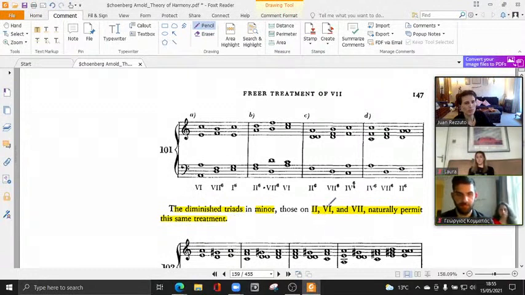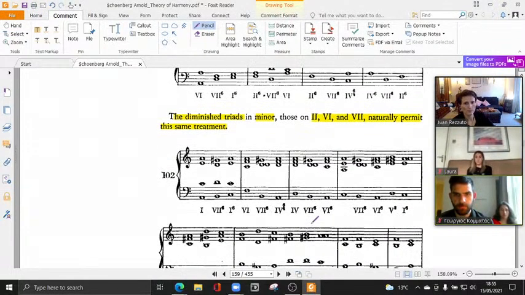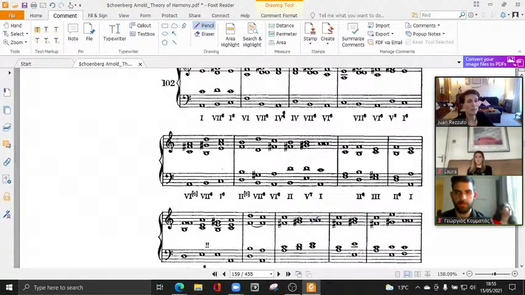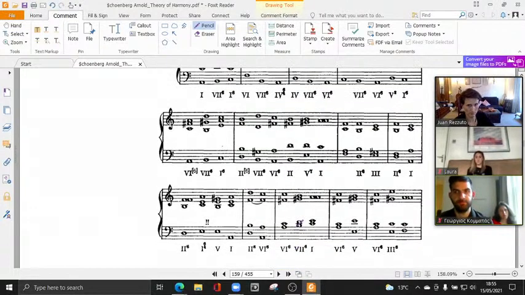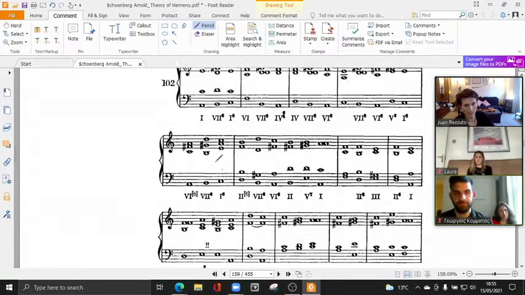Those 2, 6, and 7 naturally permit the same treatment. So, as long as the pivot notes are strictly observed. That's for sure. That is unnegotiable, because that's the nature of the scale.